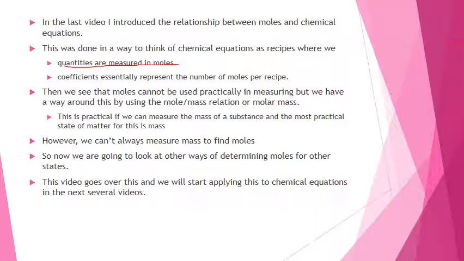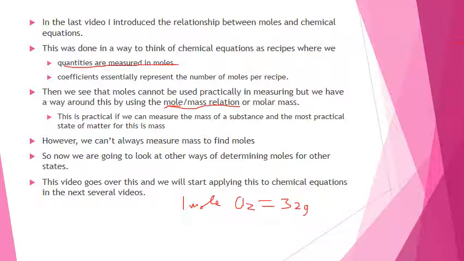But what we do know is that we can figure out how much 10 moles is because we know the mole mass relationship. In terms of that relationship, we know that for every 1 mole of oxygen, that's O2, 1 mole of O2 has a mass of 32 grams.